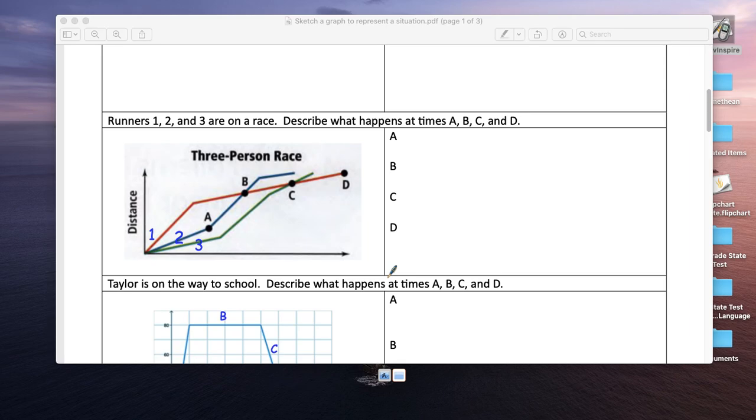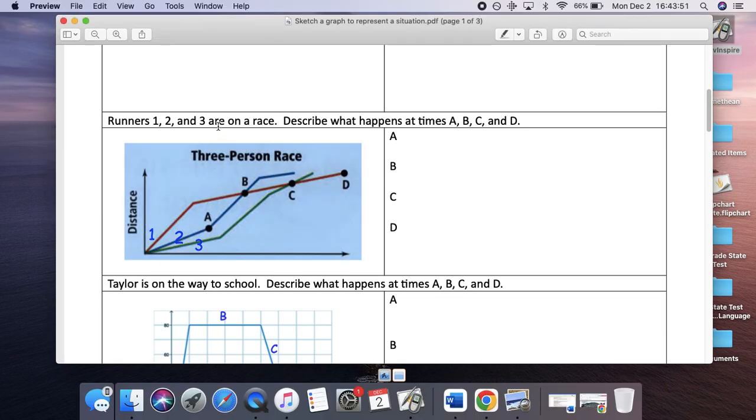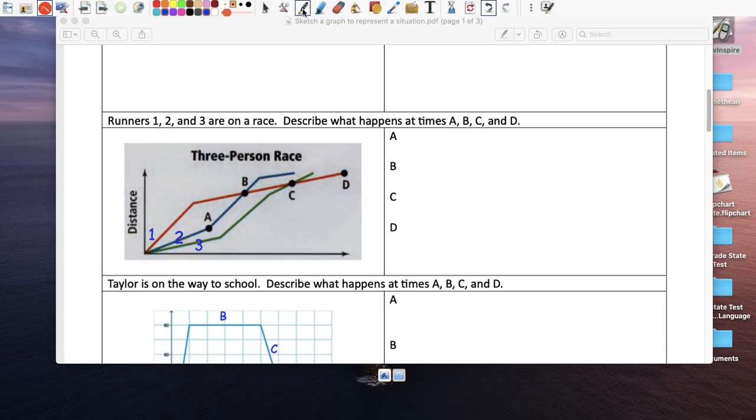Runners 1, 2, and 3 on the car race describe what happens at times A, B, C, and D. At times A, you can clearly see that runner 1 starts at a faster speed. So at time A, up to this section over here, runner 1 starts fast.